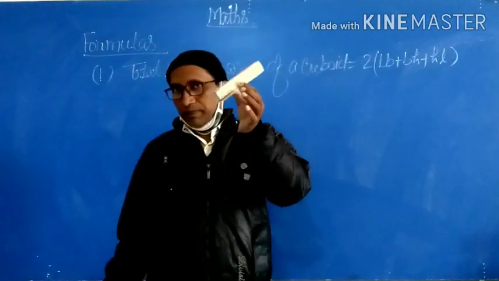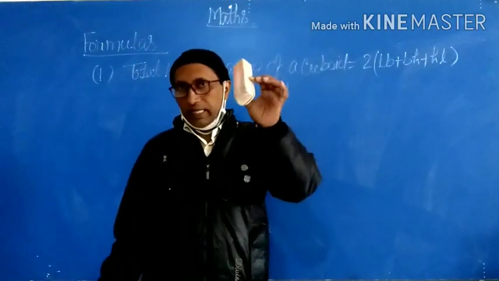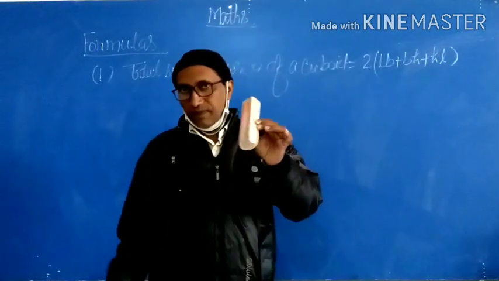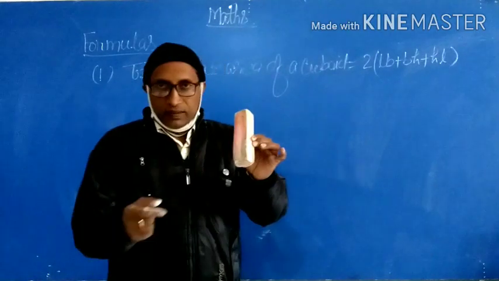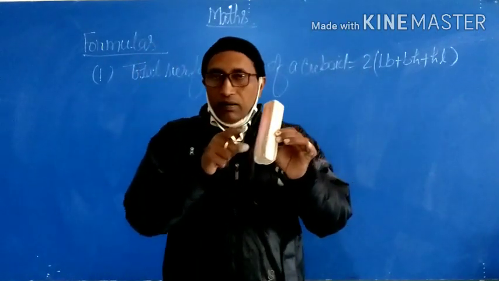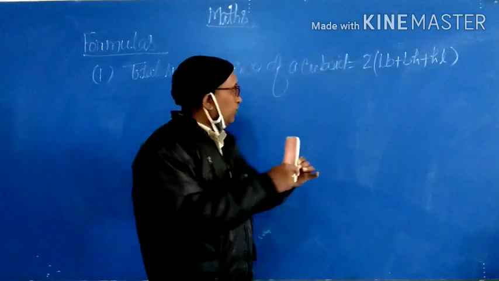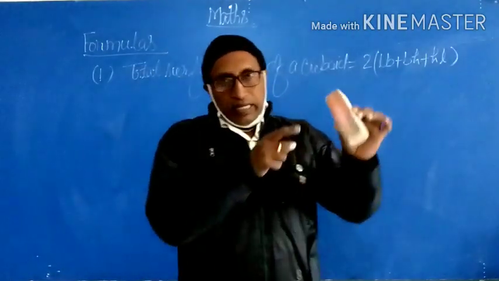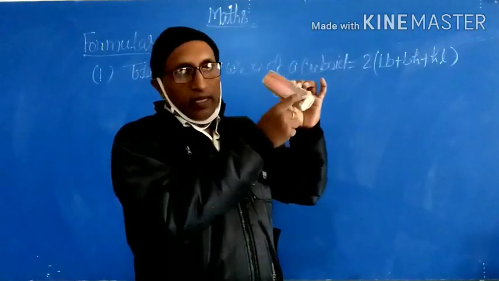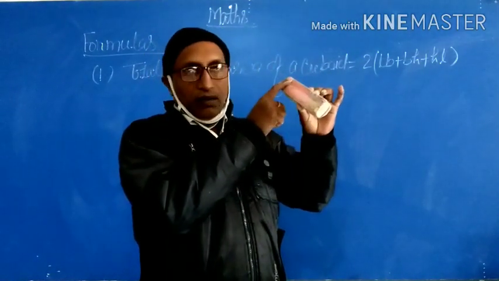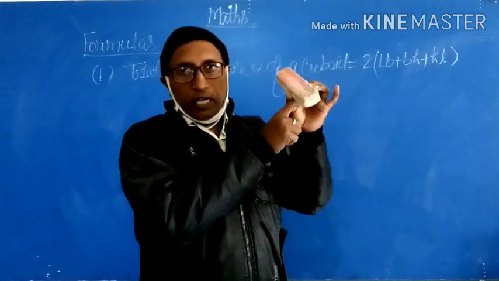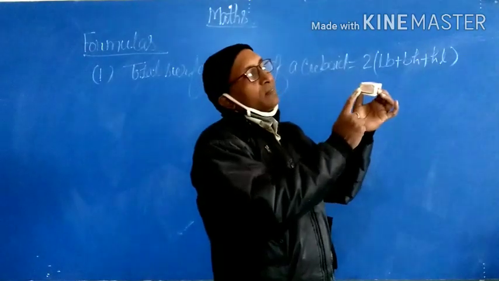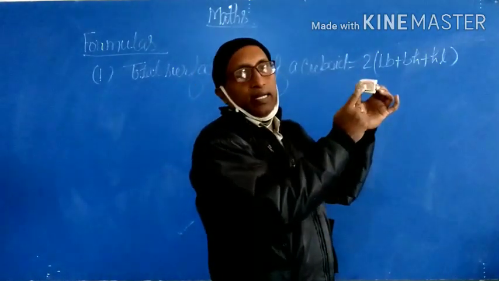This is a cuboidal shape. In this cuboidal shape, we have 6 faces. When you add the area of 6 faces, you get the total surface area of a cuboid. The area of this face is L into B. Top and bottom are the same, therefore 2LB. The area of the side is breadth into height.